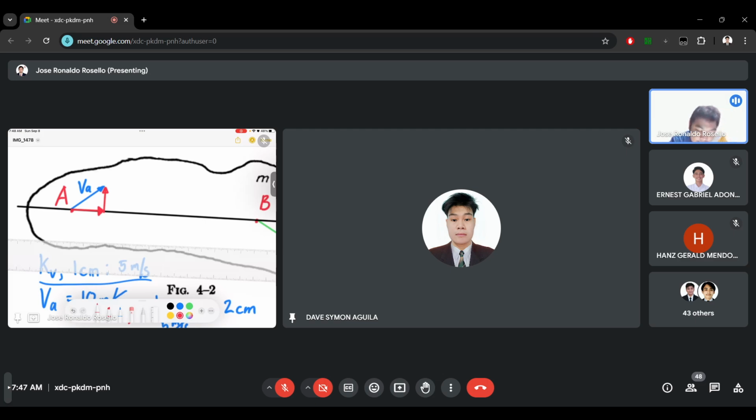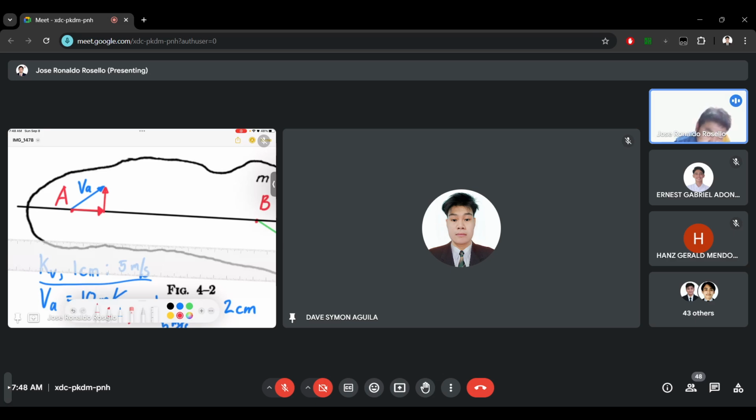The first step is to connect the two points using a straight line, so I used this black line to connect A and B. Then we make a perpendicular line to this connecting line going to the end of the given vector. Once we have that, we will have the vector along the line, and we now have the two vectors.